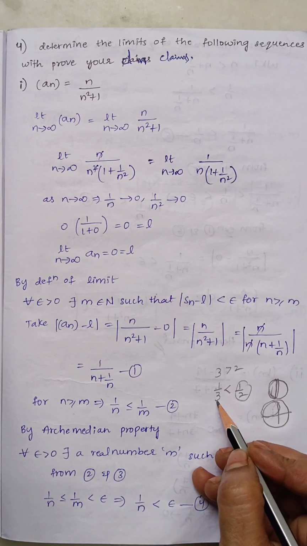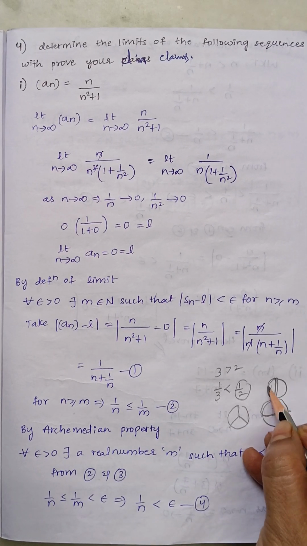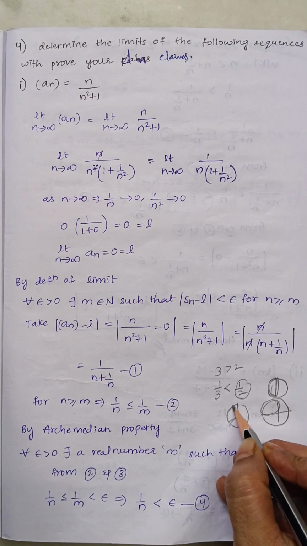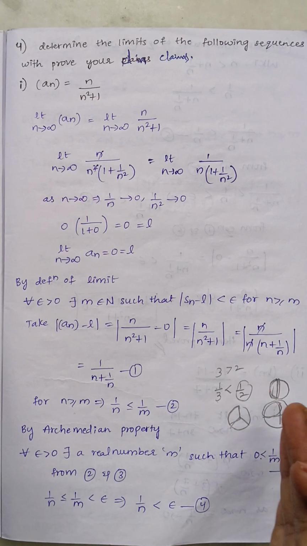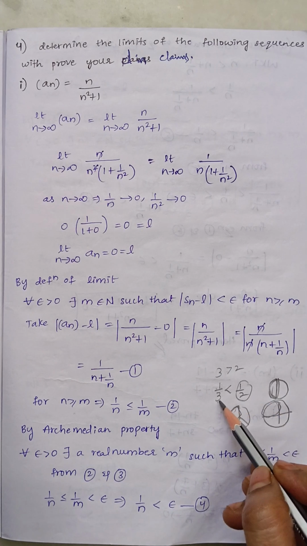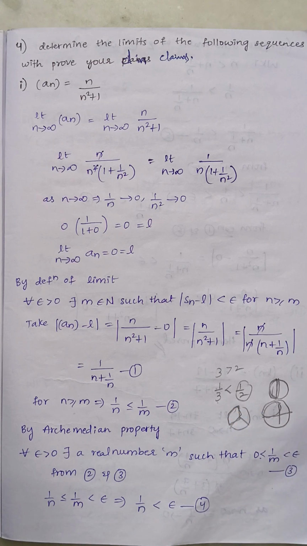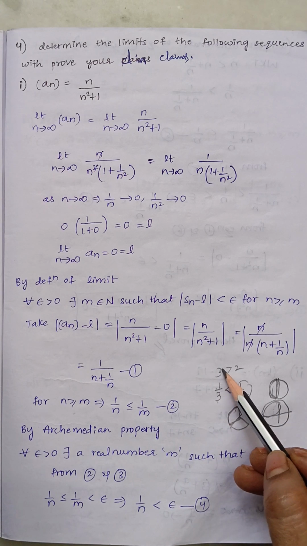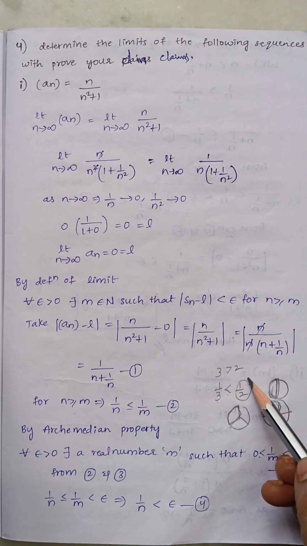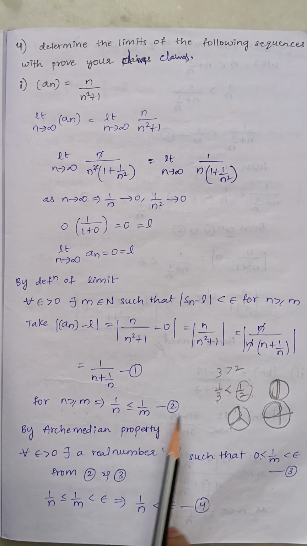So when you are increasing the denominator, the value is decreasing. So here n greater than or equal to m gives 1 by n less than or equal to 1 by m.